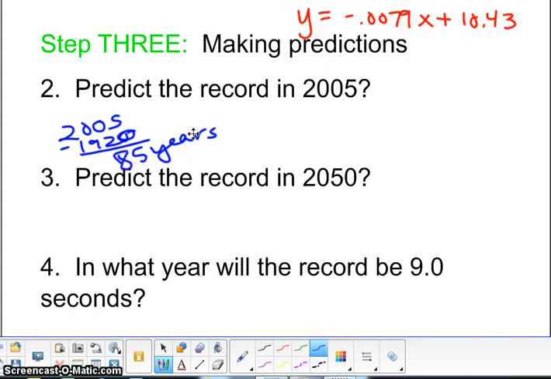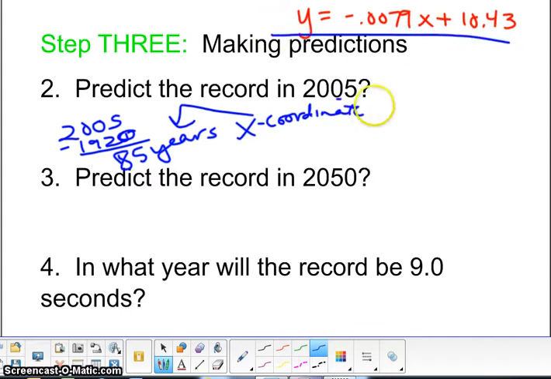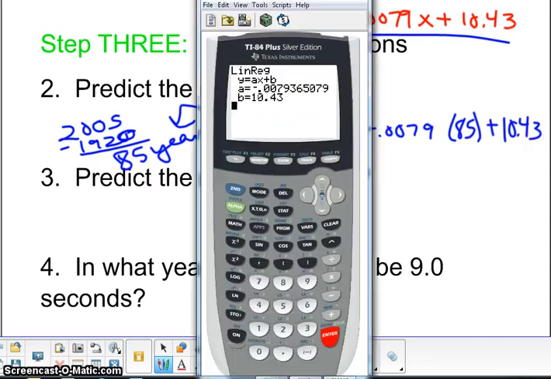So that means we have been using years for the x-coordinate. So in our prediction equation, which is above here, we're going to use y equals negative 0.0079 times 85 plus 10.43.